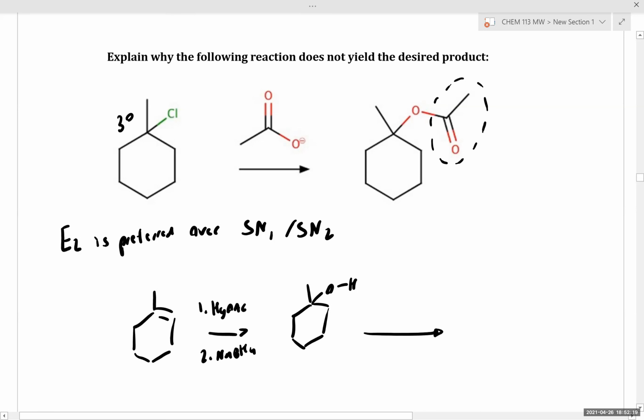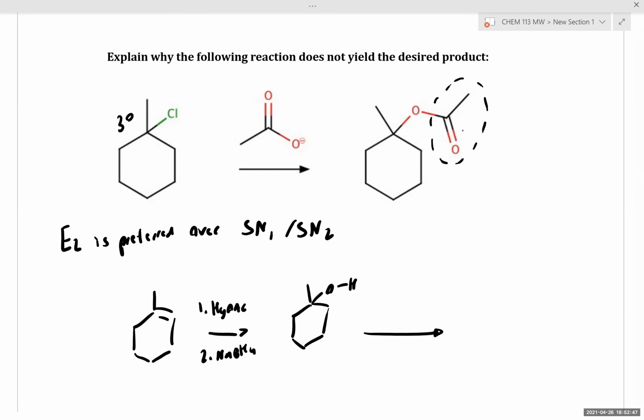We have an alcohol, and we want to install this acetyl group. How would we do that in this new route that we've developed to get around this elimination issue? How do I acetylate an alcohol? What conditions do I use?